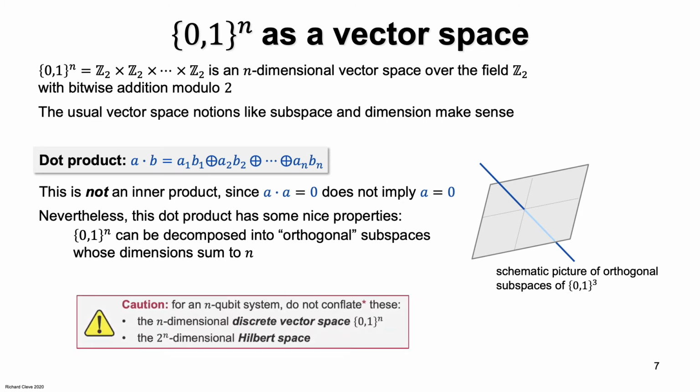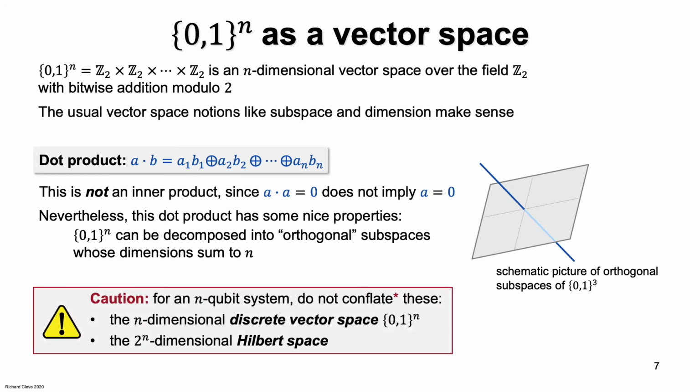A word of caution here is that for n-qubit systems, there are two spaces in play. One space is the n-dimensional discrete vector space of n-bit strings over a finite field. This is associated with the labels of the computational basis states. The other space is the 2 to the n dimensional Hilbert space spanned by the 2 to the n computational basis states.